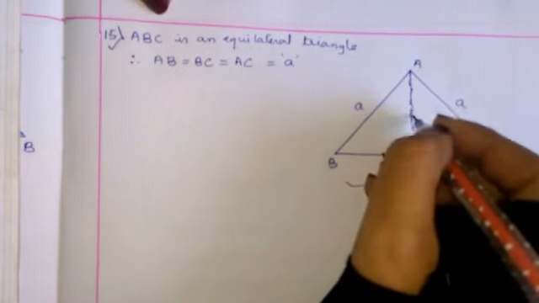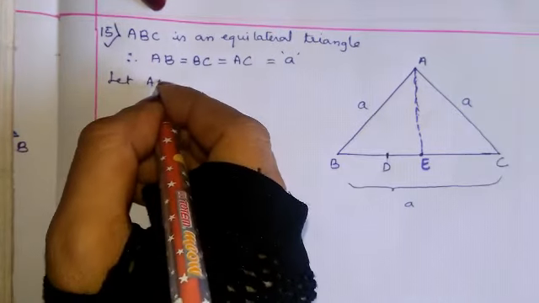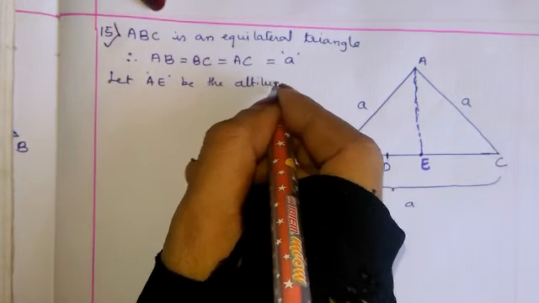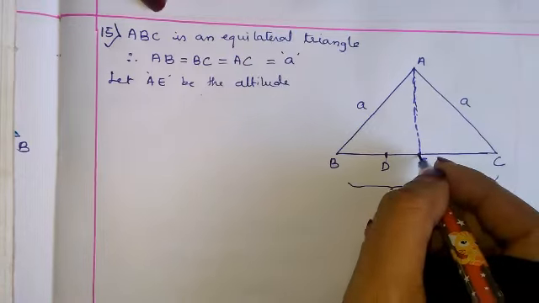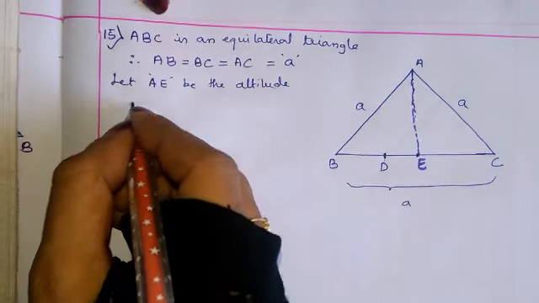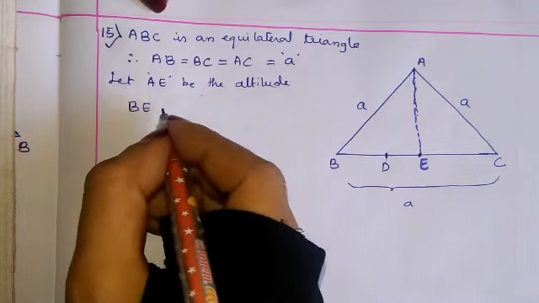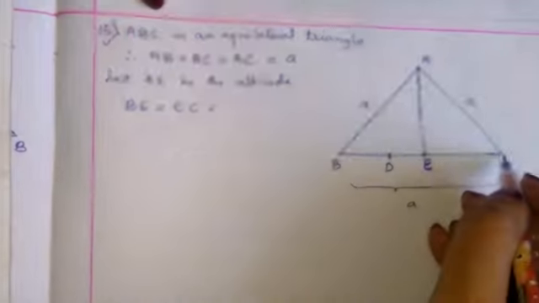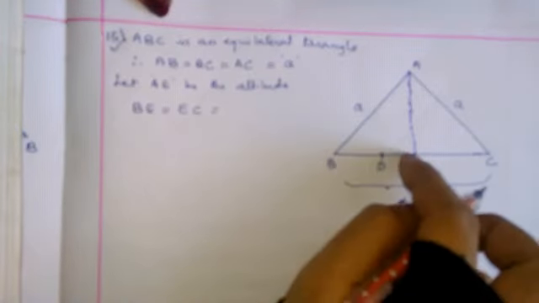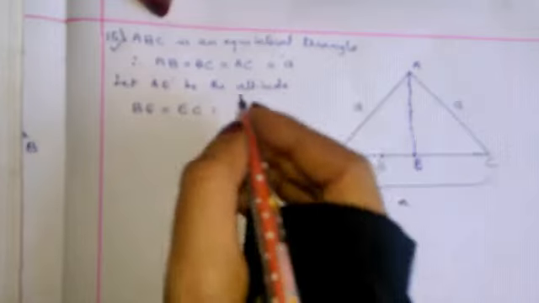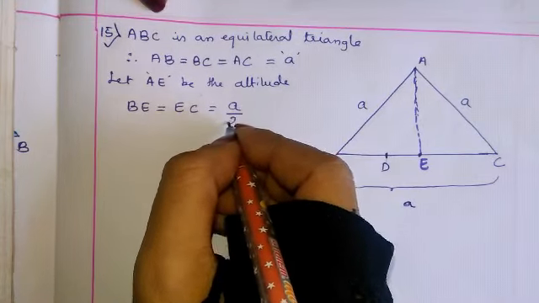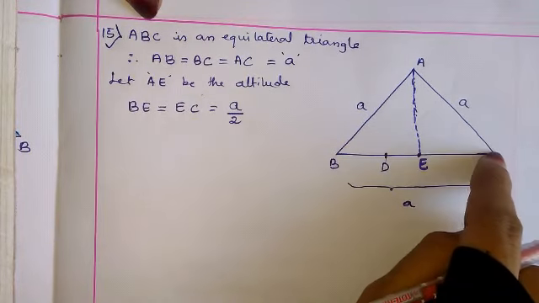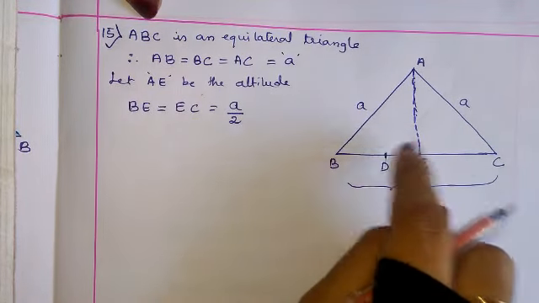I have taken AE, let AE be the altitude. So then BE will be equal to EC. BC is completely A, then BE is half of A and EC also is half of A, that is A by 2. Half of A is nothing but A by 2. Okay, BE is equal to EC and they both are half of A.